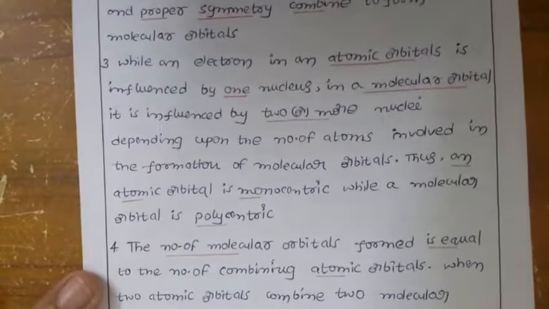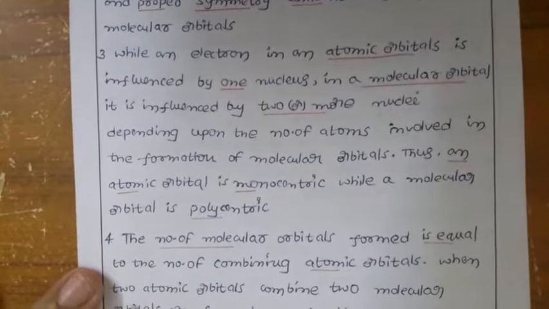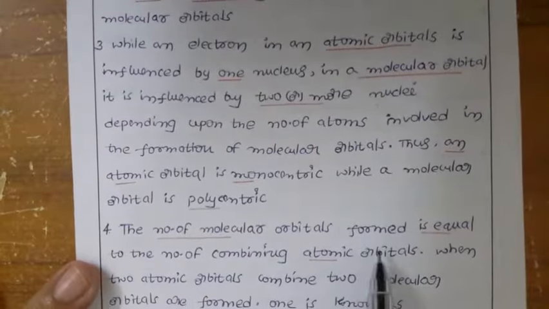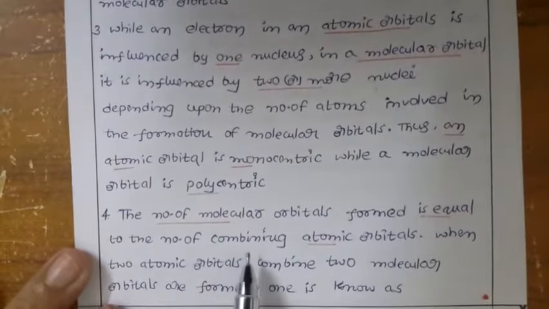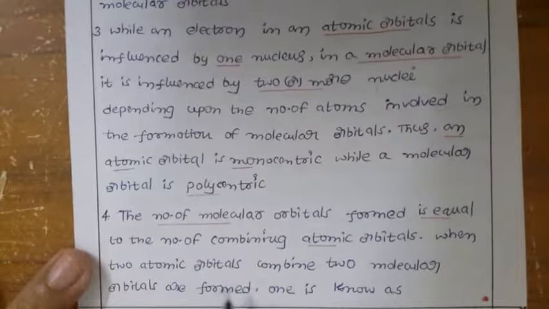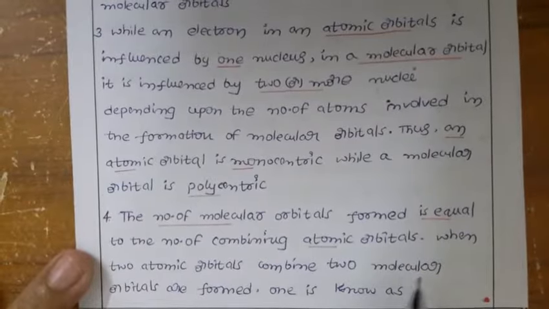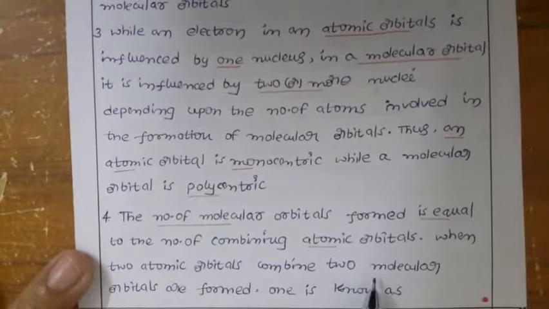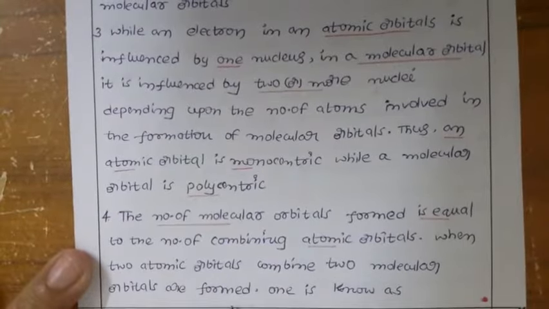Next, the fourth point: the number of molecular orbitals formed is equal to the number of combining atomic orbitals. When two atomic orbitals combine, two molecular orbitals are formed.